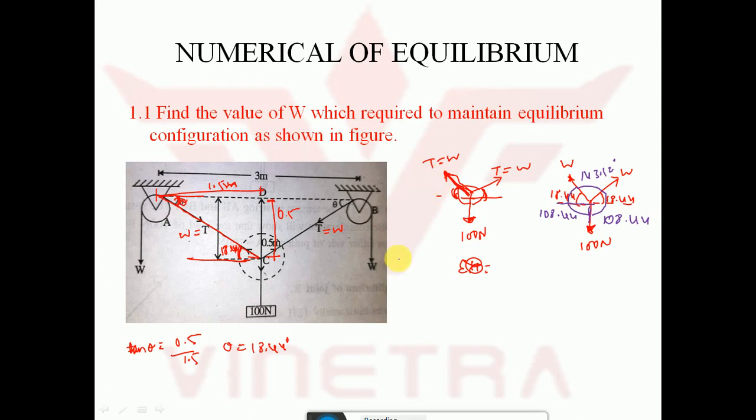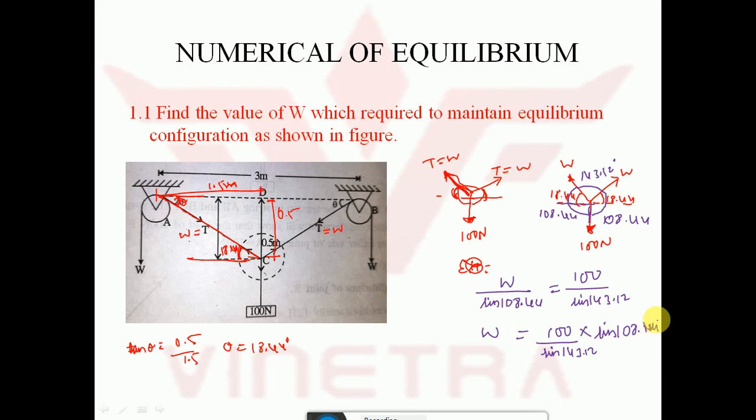Now applying Lami's theorem, W divided by sine 108.44, since for this W this is the opposite angle, is equal to 100 divided by sine 143.12 degrees. I need to find W. W is equal to 100 divided by sine 143.12 multiplied by sine 108.44.